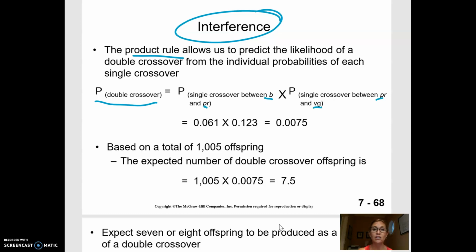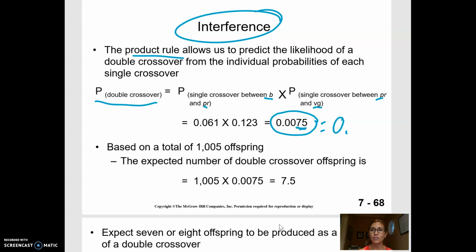In other words, you're looking at not just the probability of a single crossing over, but 2 crossing overs happening at the same time. And because this is the product rule, you have to multiply the probabilities by each other, which tells you that you have 0.0075 chance.